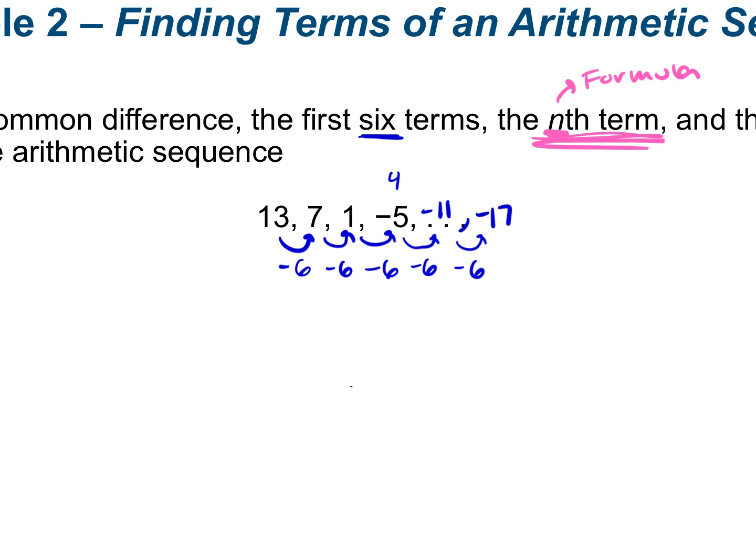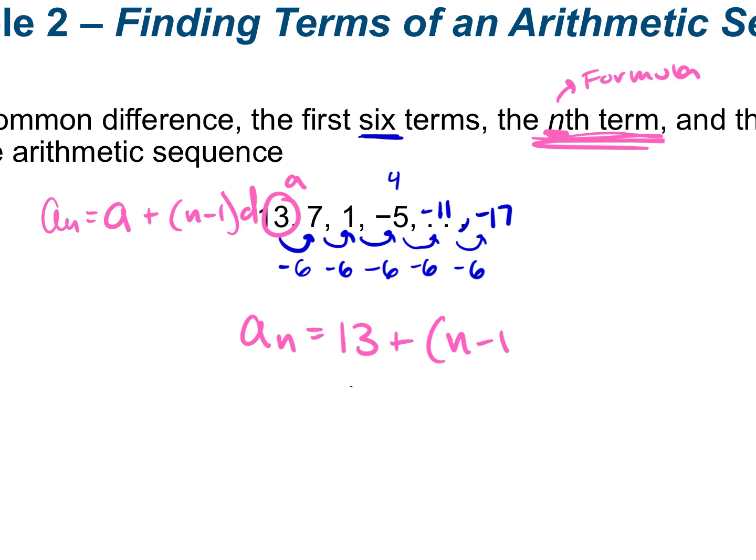So our formula is a sub n is equal to a plus n minus 1 times d. So a sub n is equal to, what was our first term? 13. So that would be our a, plus n minus 1 times d. What was our common difference? Negative 6.